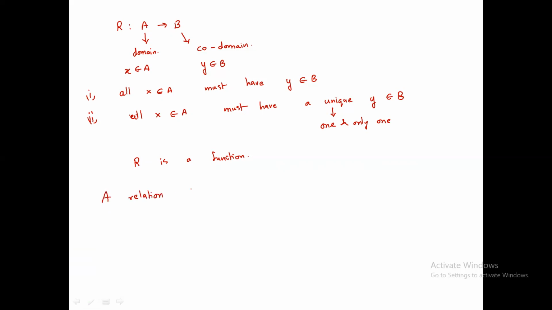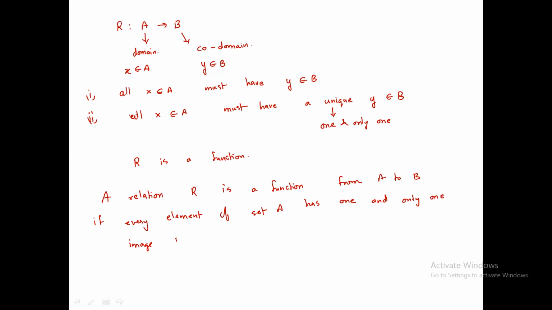A relation R is a function from A to B if every element of set A has one and only one image in set B. Both I have combined.